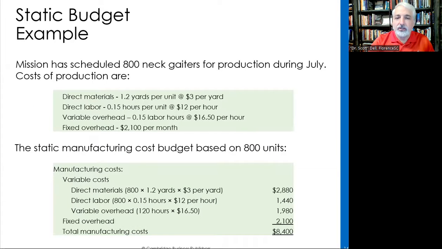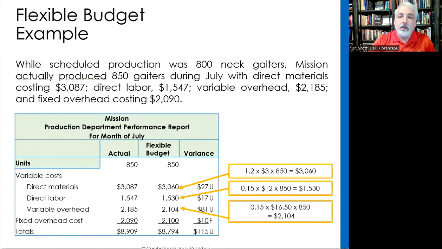So let's take a static budget example. Direct materials, so many yards, direct labor, so many hours per, variable overhead, fixed overhead, we're good to go. Here's our manufacturing cost. Total manufacturing cost in this situation came out to $8,400. On a flexible budget, we start saying, well, if we're looking at units, we originally scheduled 800 units, but we produced 850.